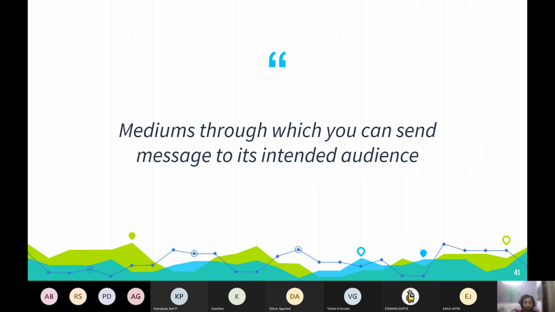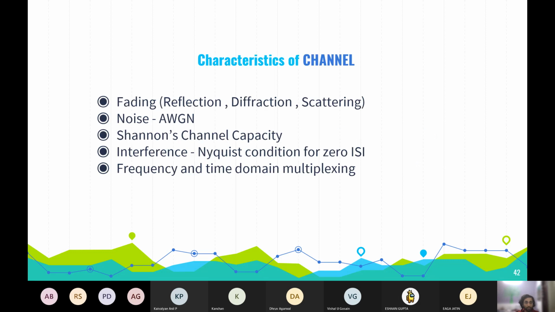So a channel is basically a medium through which we get the message to the audience. Today we are going to discuss these topics about channel. Fading, which includes reflection, diffraction, scattering. Then there is noise.